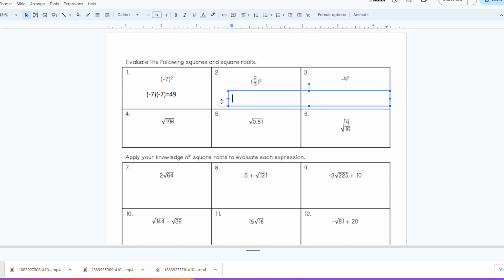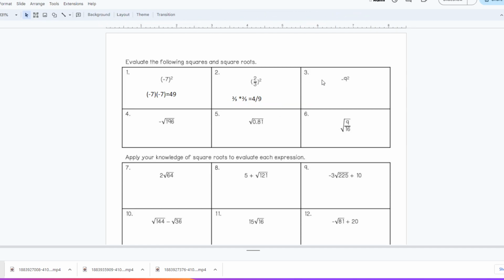Well, just remember, this is like a copier. So I have 2/3 multiplied times itself, times 2/3, and just multiply the numerators and the denominators, just like you're doing a multiplication of a fraction. So 2 times 2 is 4, 3 times 3 is 9, so it becomes 4/9. Easy peasy, right?